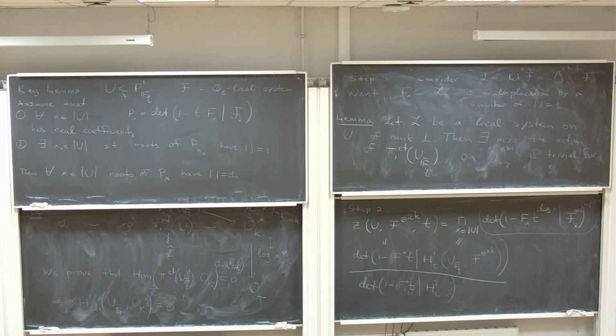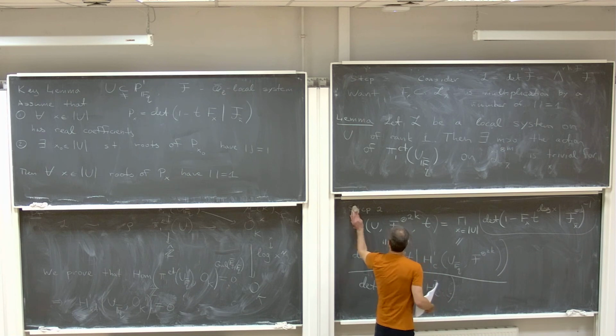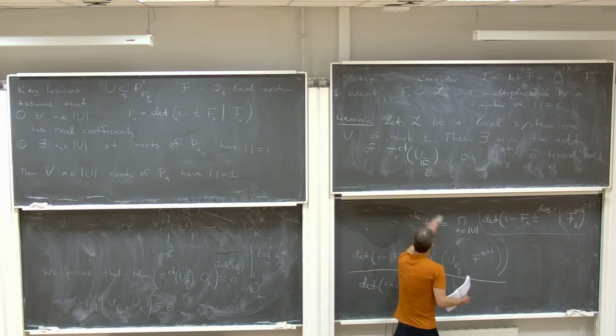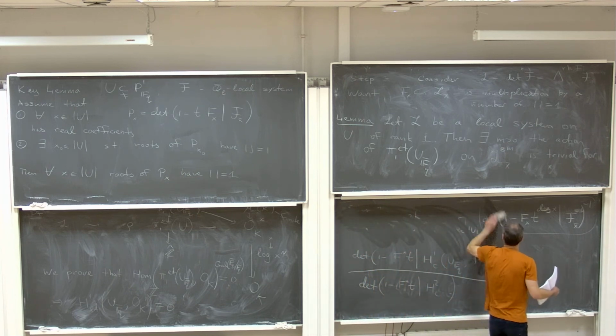But that's not hard, because we computed the first étale homology of a curve. So our curve is a very simple curve. It's just P1 minus finitely many points. So I may assume that.